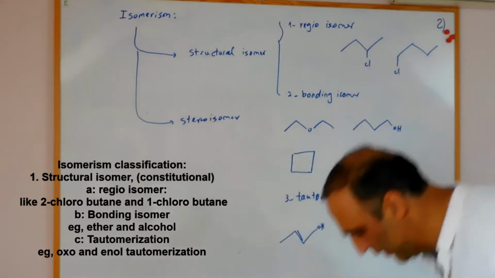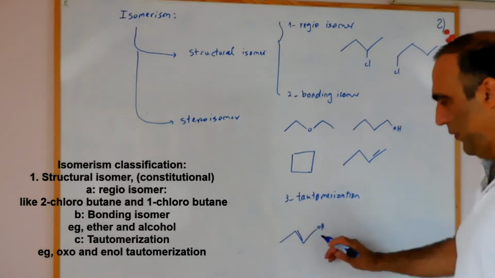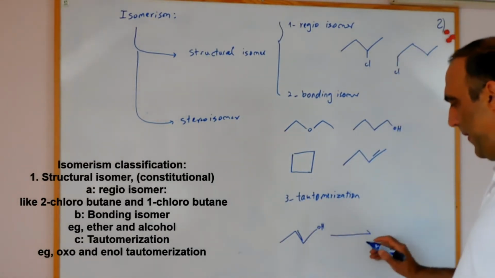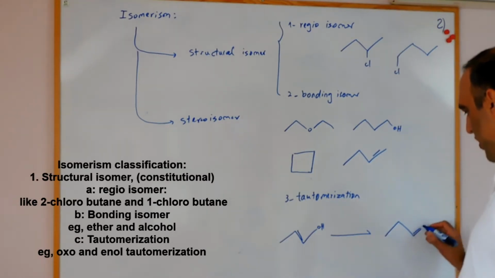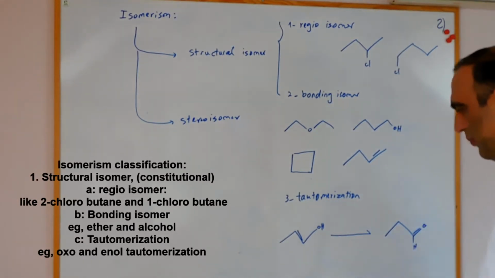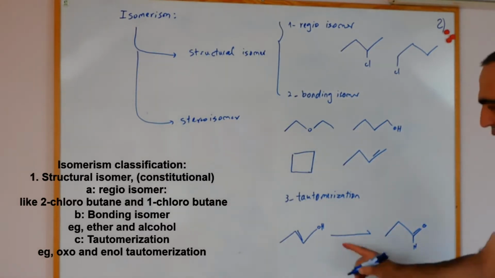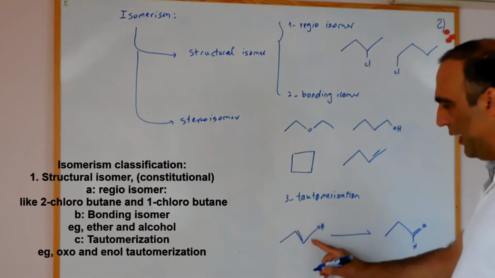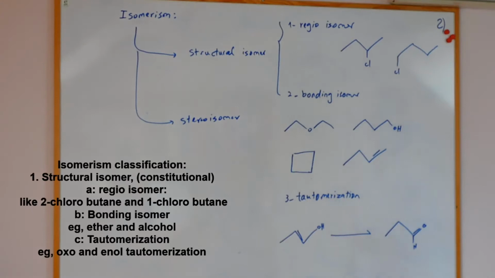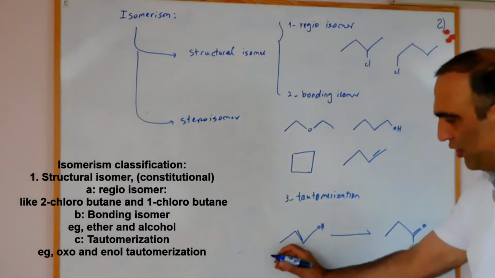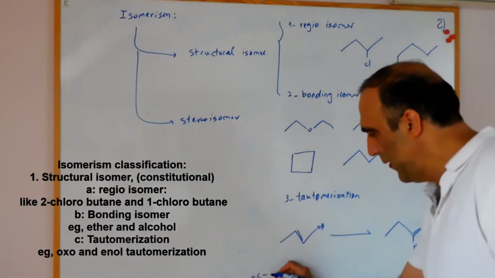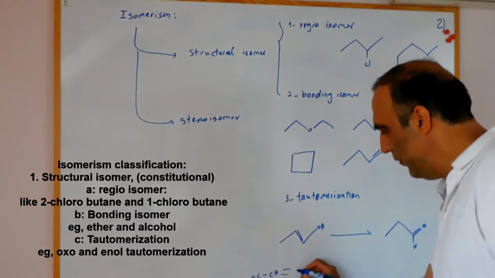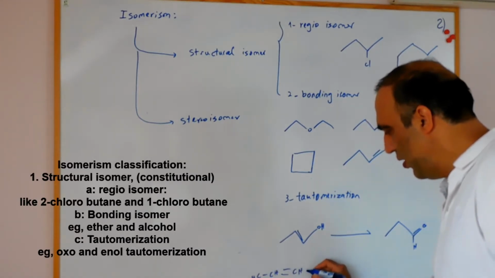If I change the double bond here to oxygen, this hydrogen will go here, and this double bond comes here. For better understanding, I draw the open form, CH3, CH, double bond, CH, OH.